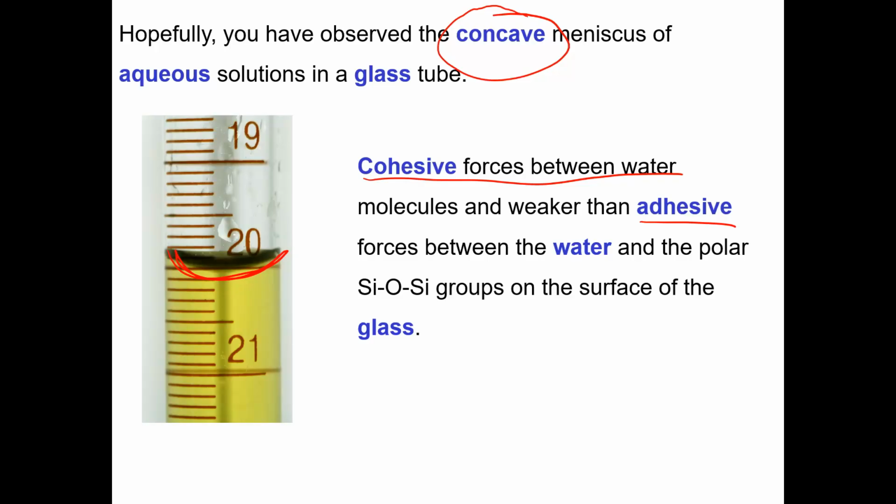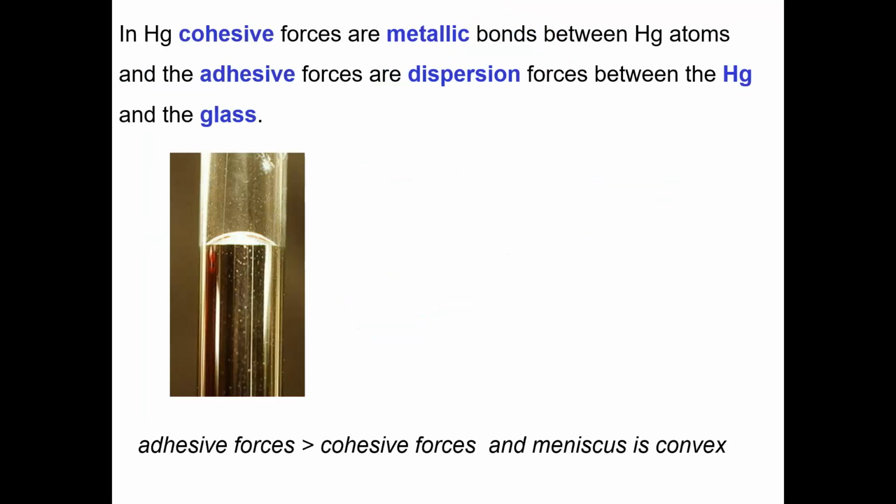It turns out that the water molecules have stronger attraction to the glass wall, because it has very polar silicon-oxygen-silicon groups on the surface, than they have towards themselves. As a result, the liquid gets pulled a little bit up the walls of the container where it comes into contact with the container.